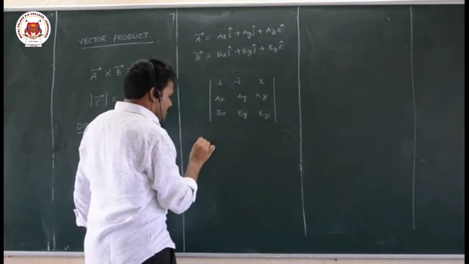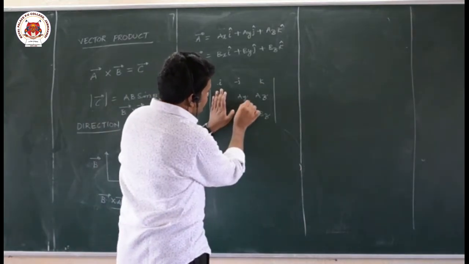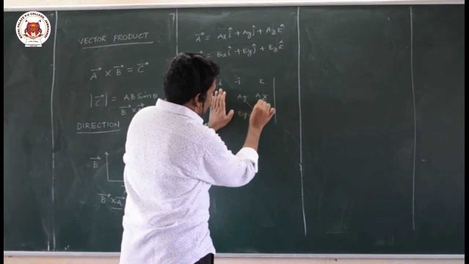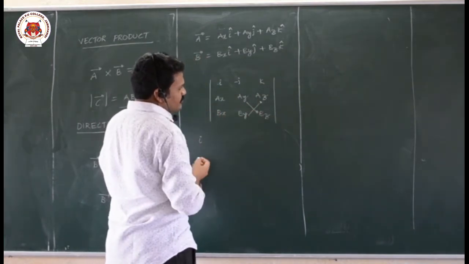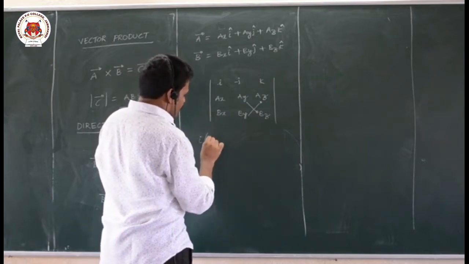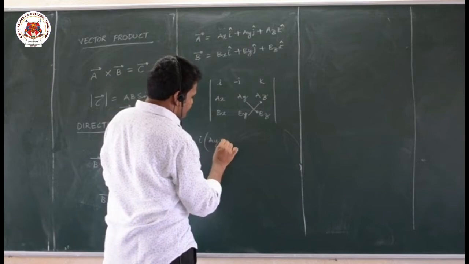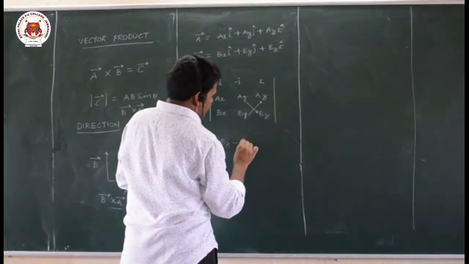First you write i into, you have to close the i components and multiply crosswise; coming down is positive, going up is negative. So ay bz minus by az.